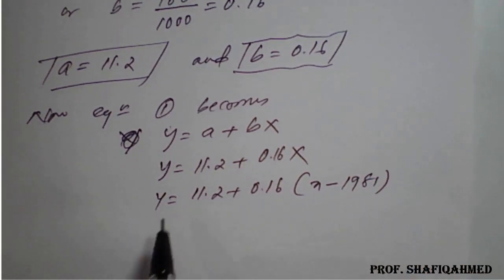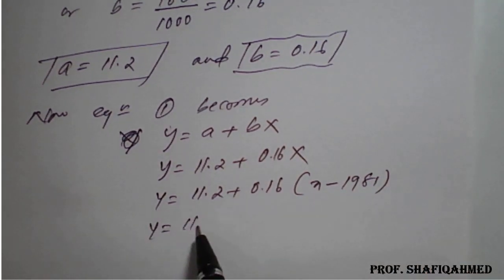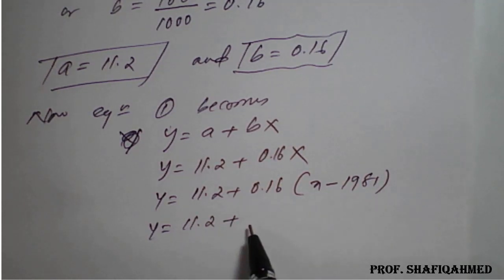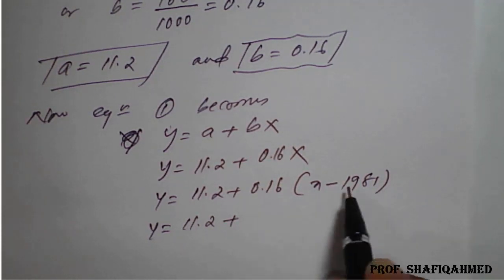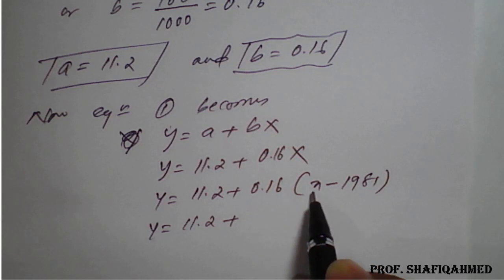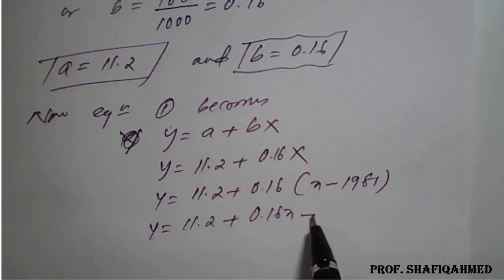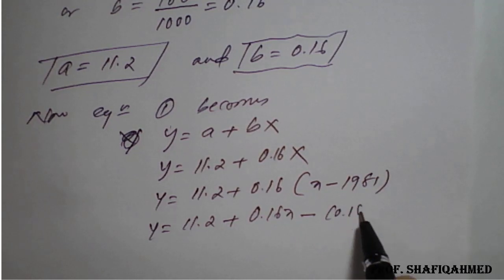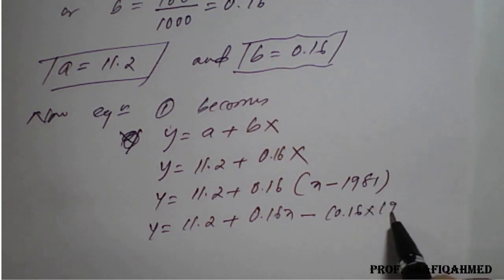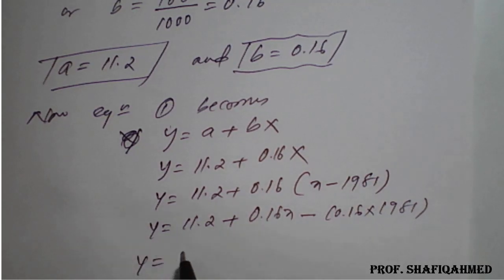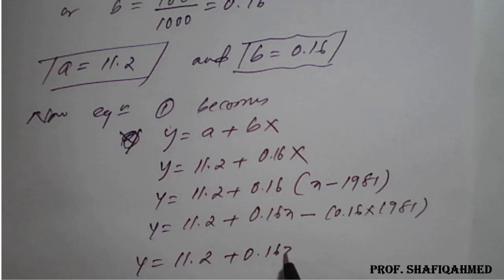So we need to work that out. So y is equal to 11.2 plus, open the bracket, 0.16 into x, plus into minus is minus 0.16 into 1981.